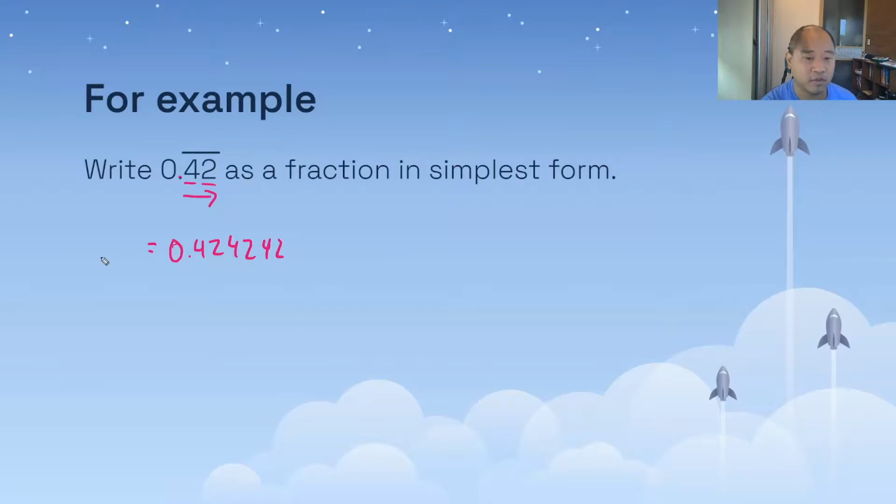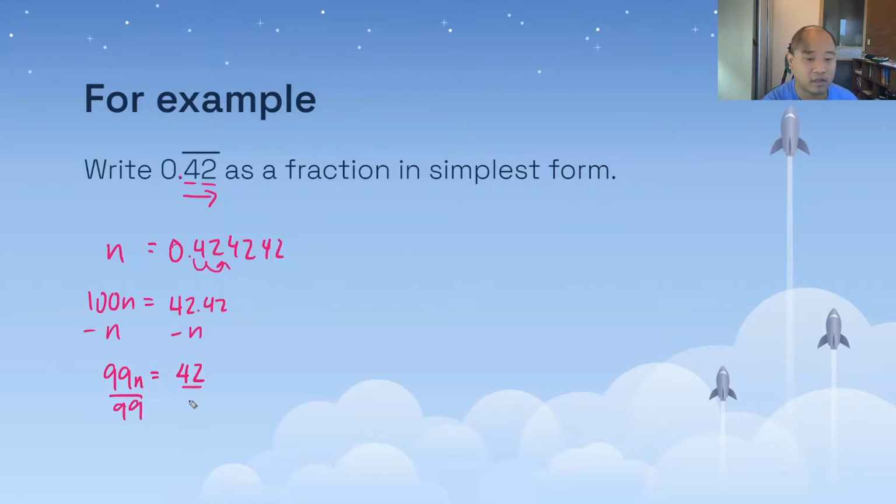Okay, 0.424242 repeating. We'll make that equal to n, right? And we're going to multiply both sides by 100 because we want to get the decimal past the repeating portion. So now we're going to have 42.42 repeating, and that's going to be 100n. And we're going to subtract one of the n's, and we're going to get 99n equals 42.